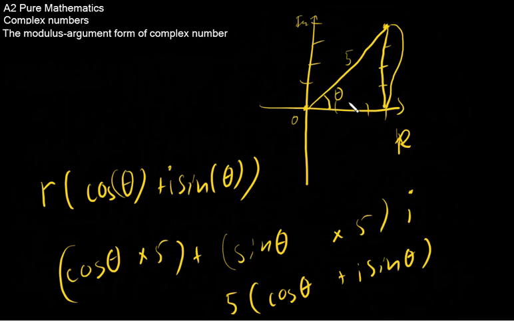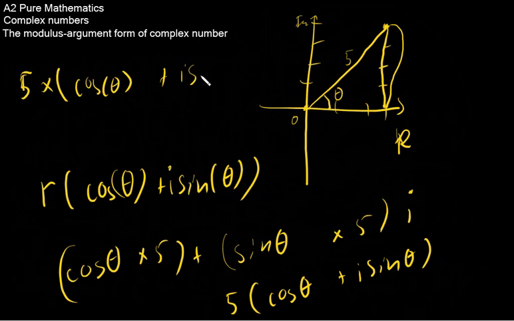So the formula to show a complex number is: we have the modulus, the length of the complex number, at the front, times cos theta plus i sin theta. Remember, theta is the angle between the real axis and the modulus.